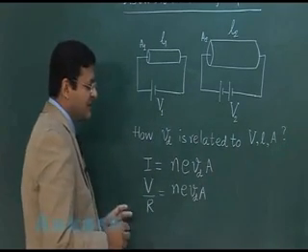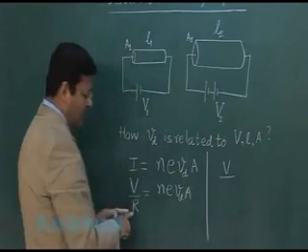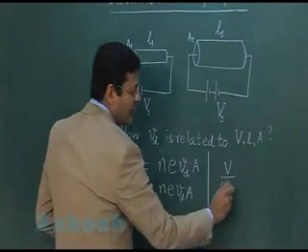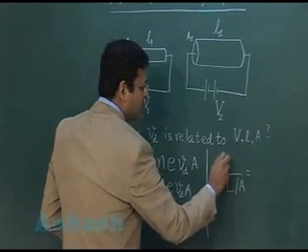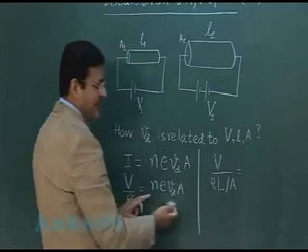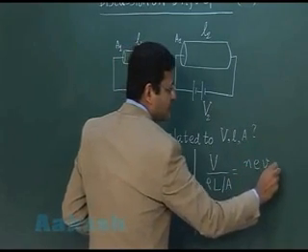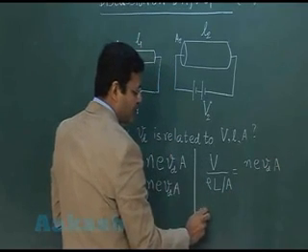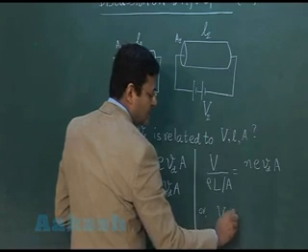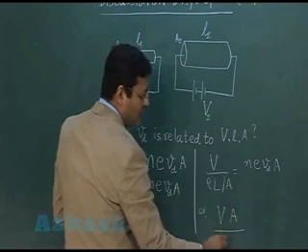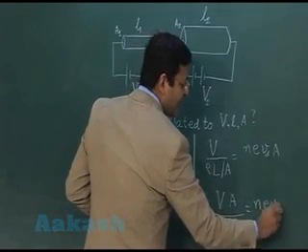And as you had seen, this resistance is equal to rho L upon A, then this can be equated to the right side of the equation, that is NeVdA, or you can say V into area upon rho L, this is equal to NeVdA.